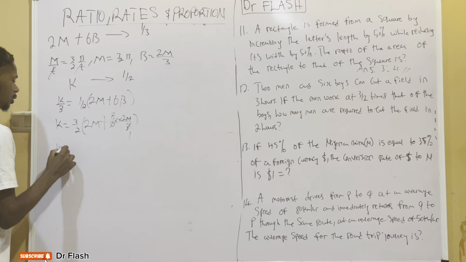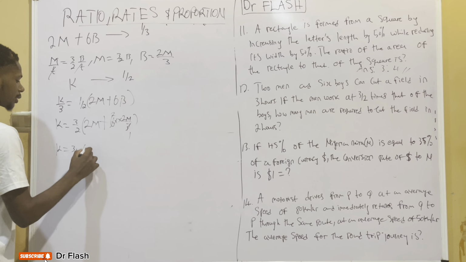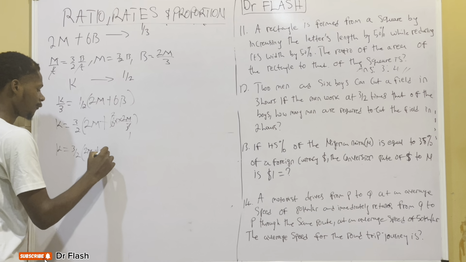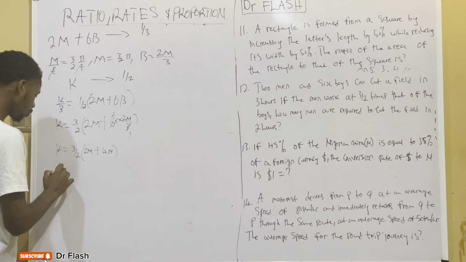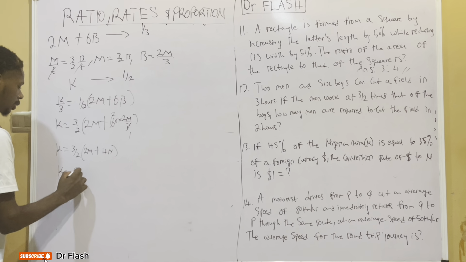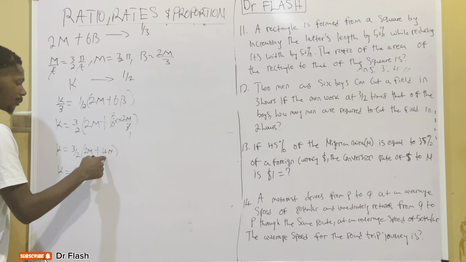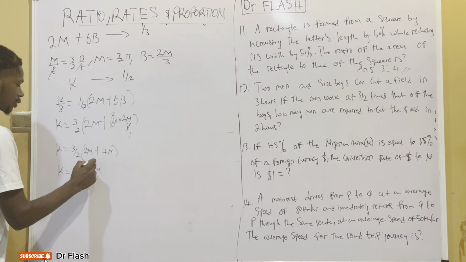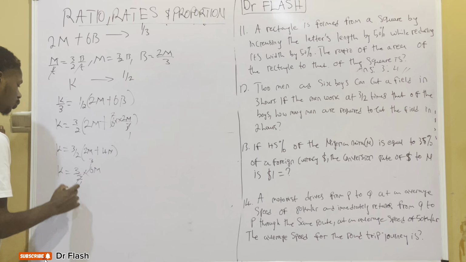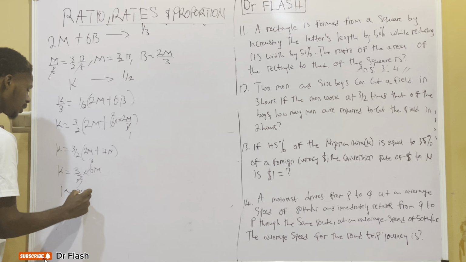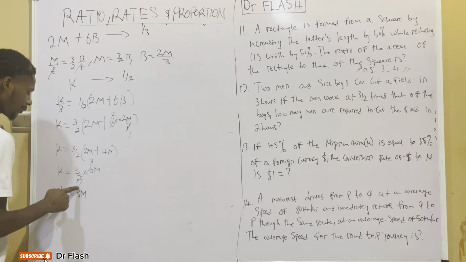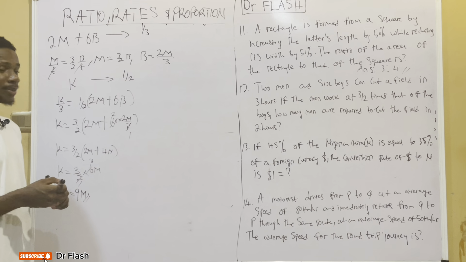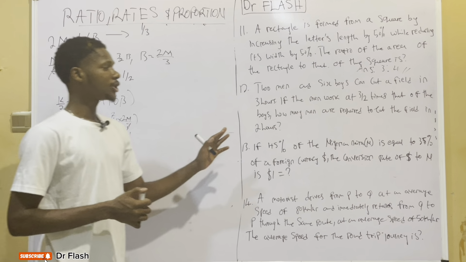So K equals 3 over 2 in brackets 2M plus 2 times 2M, which gives 4M. So K equals 3 over 2 times 2M plus 4M, that gives 6M. The 2 here is 1, the 6 here is 3. So K equals 3 times 3M, that gives 9M. So automatically, we are going to require 9 men to cut the field in 2 hours.